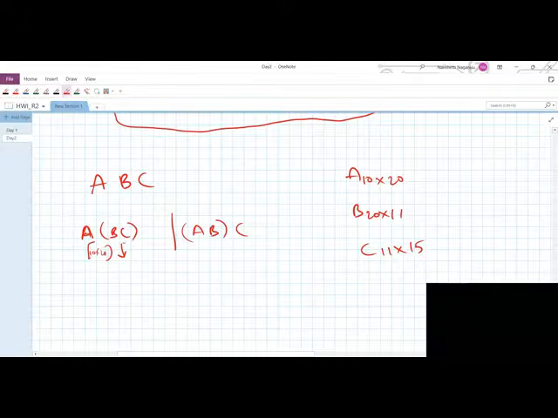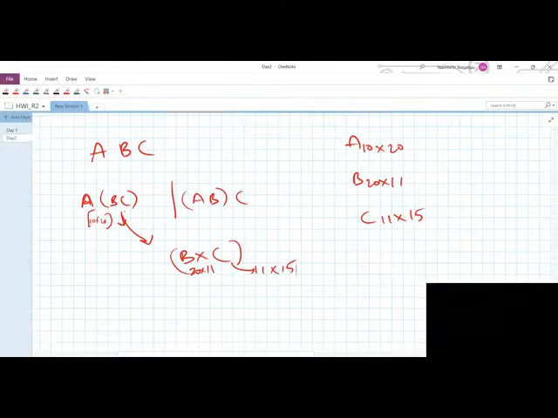When we multiply matrix B and matrix C, that is, we are multiplying 20 cross 11 with 11 by 15. Here, when we multiply these two, as we saw earlier, the total number of operations will be 20 into 11 into 15.